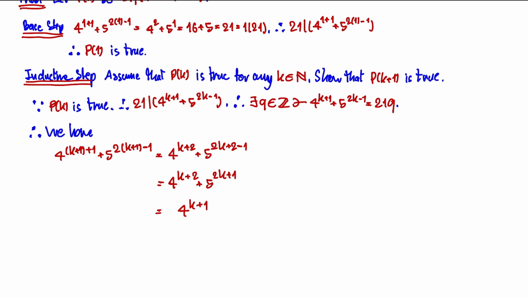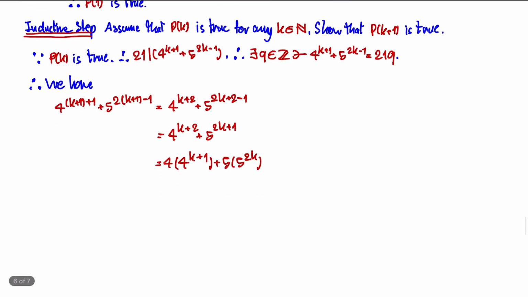Okay, I forgot to multiply it by 4. And 5 times 5^(2k). So we're going to have 4 times 4^(k+1). What I want to have is this term, 5^(2k-1).